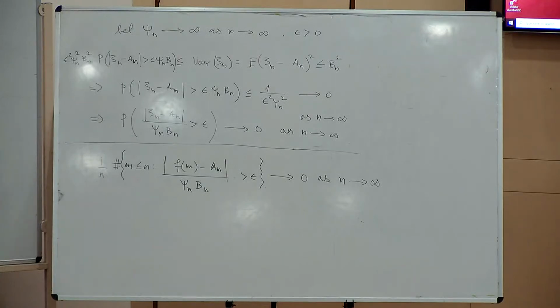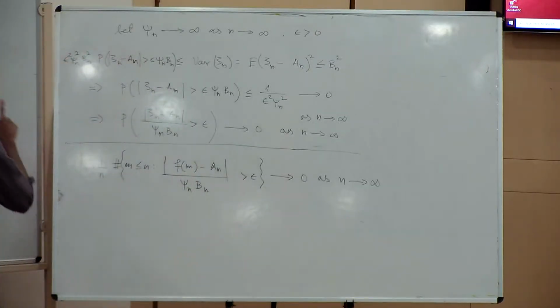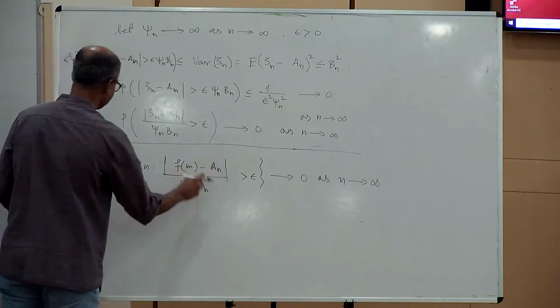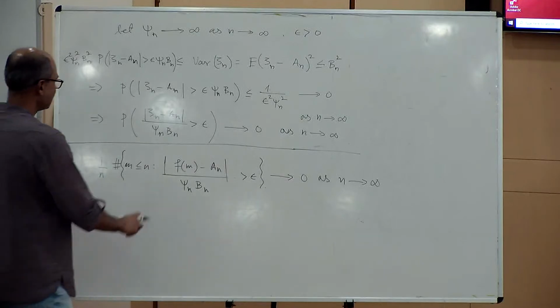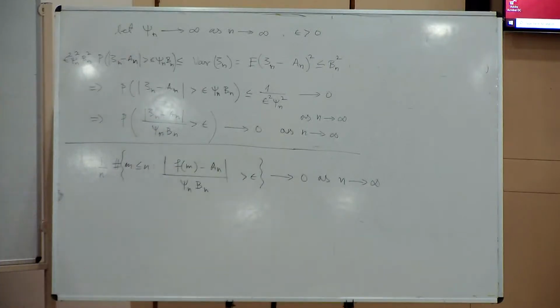The a n's are just defined by this; this definition makes sense and is not probabilistic, it is defined with numbers. So a n and b n are exactly the same quantities, and psi n is any function of n which goes to infinity as n goes to infinity.